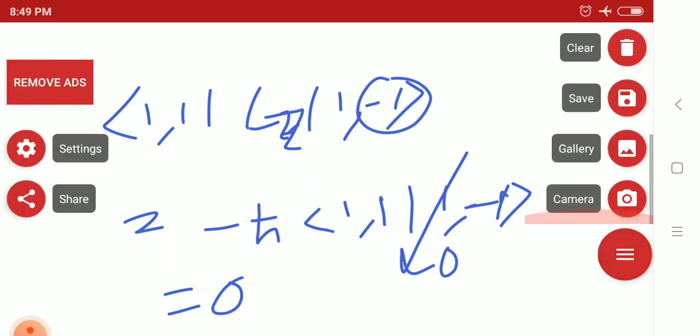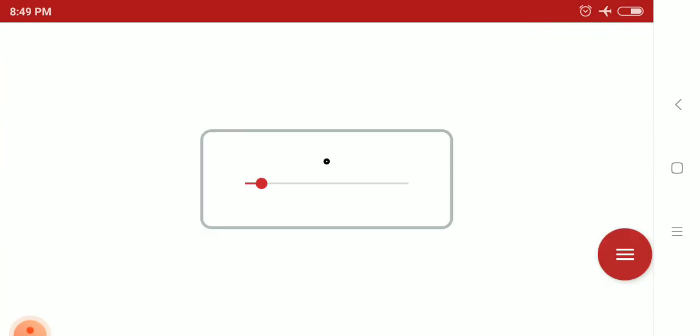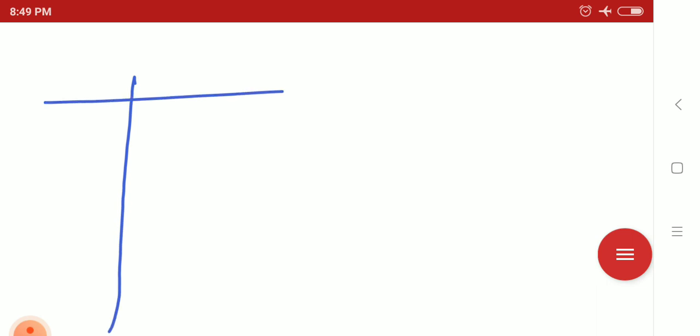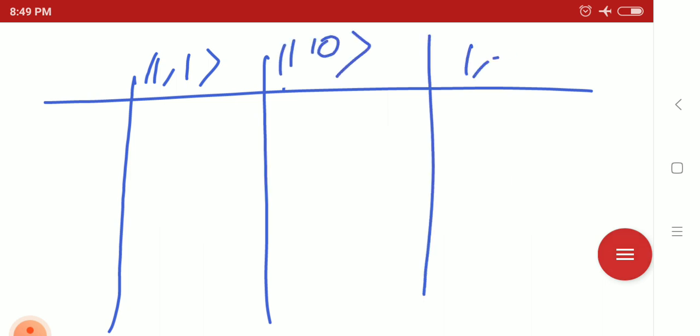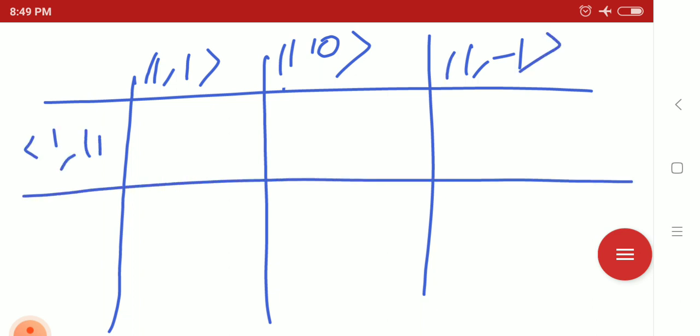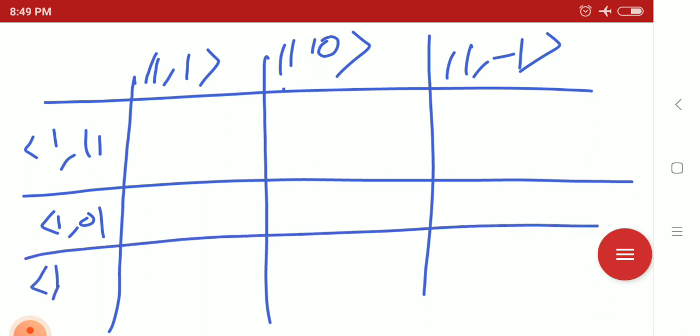So let's construct that matrix of LZ. So here it was 1 1, 1 0, 1 minus 1, and here 1 1, 1 0, 1 minus 1.